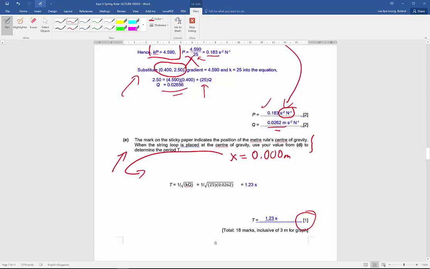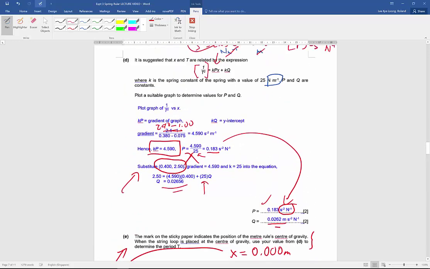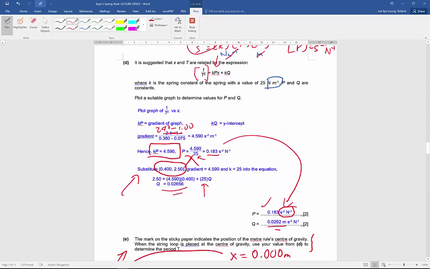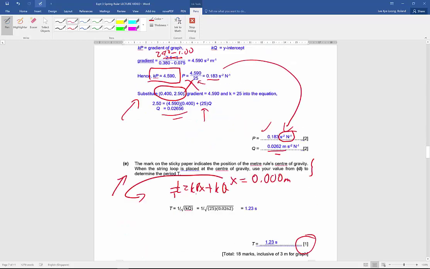You show your substitution into the equation, where the equation is 1 over t square equals kpx plus kq. Since x equals 0, show the substitution: 1 over t square equals kp times 0 plus kq.